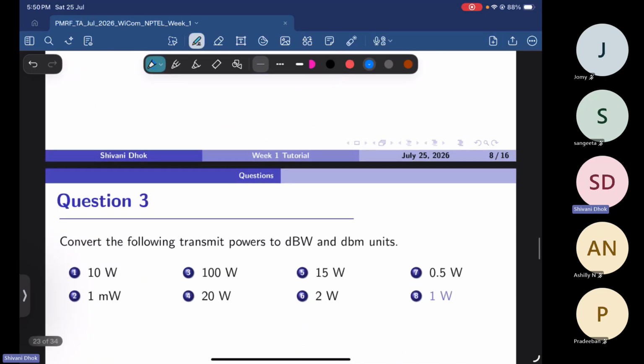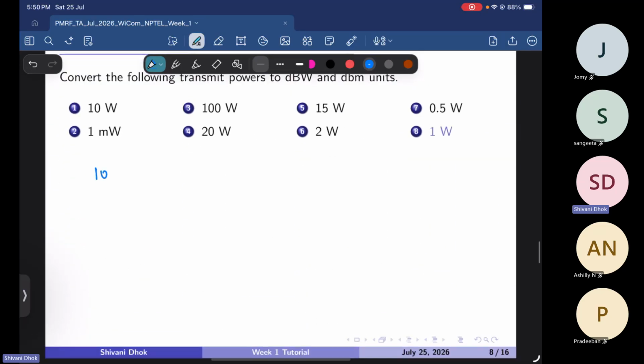And when you have 1 watt, 1 watt is 10 log to the base 10, 1, which is equal to 0 dBW, and which is equal to 30 dBm.